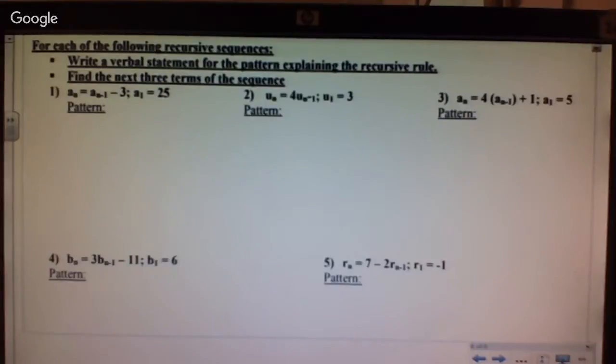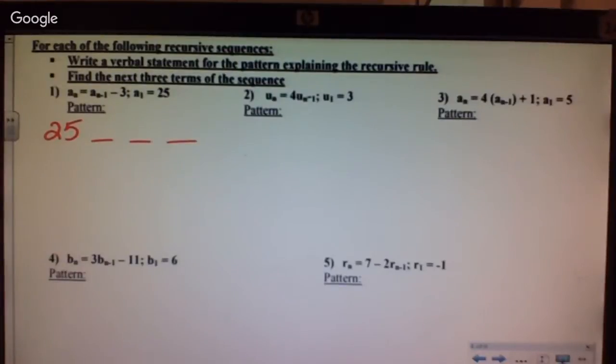Okay, so when they give you stuff like this, they give you the equation that you're going to use, and the number that you should start at. This means my sequence is going 25, and then some number, some number, some number.